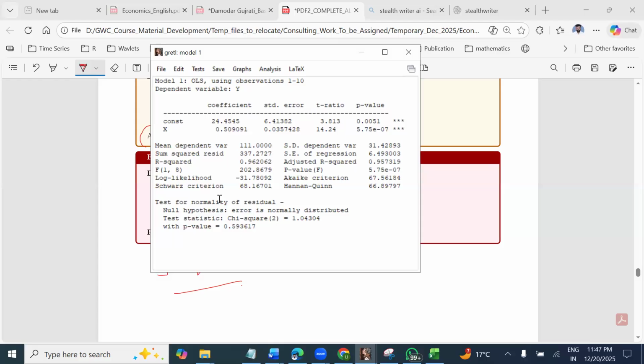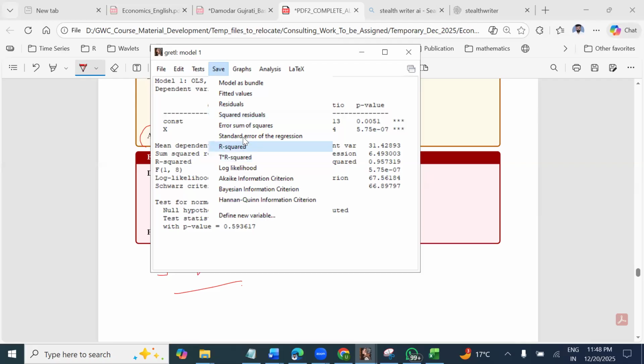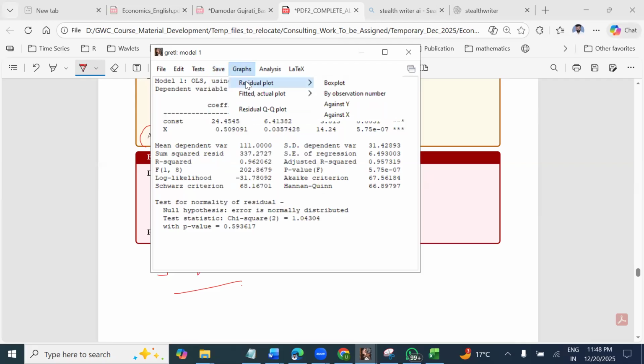Sangeeta? Sir, it is not evident anywhere to check heteroscedasticity. From which value can we check heteroscedasticity, sir? I'm not able to figure it out.